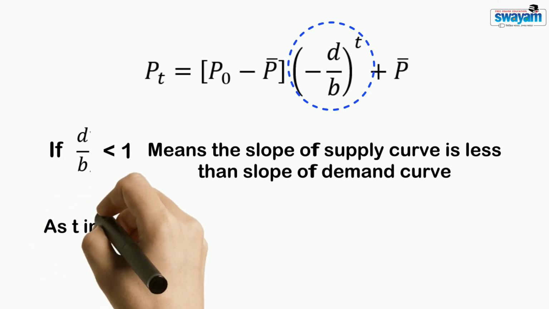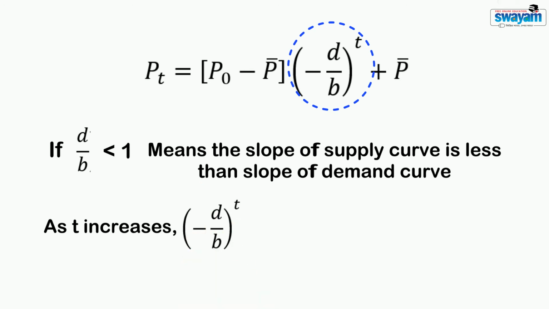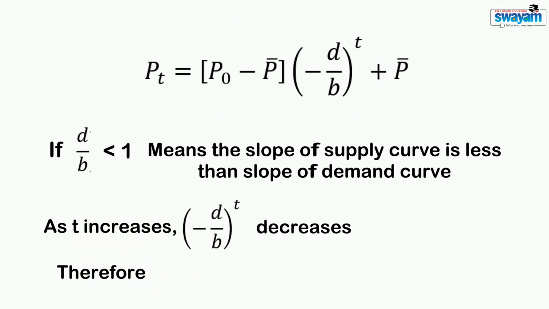As t goes on increasing, the ratio (minus d by b) whole to the power t goes on decreasing. If t tends to infinity, the term (minus d by b) whole to the power t tends to 0, and this expression will also tend to 0. Therefore, P_t will be equal to P bar.